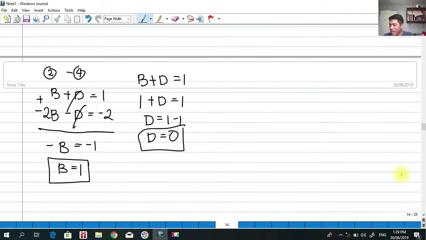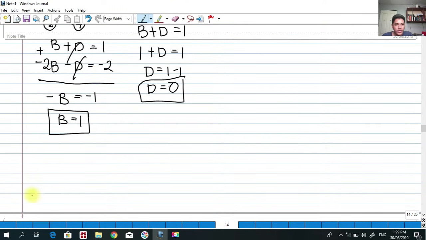So if we go back now to our original equation, we have the integral of x cubed plus x squared plus x plus 2 over x raised to 4 plus 3x squared plus 2 dx.